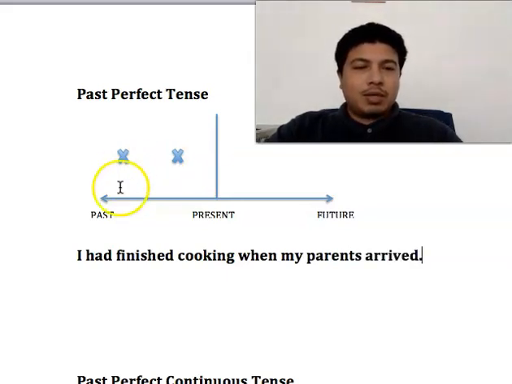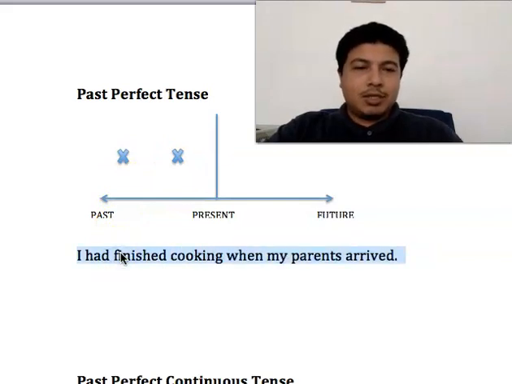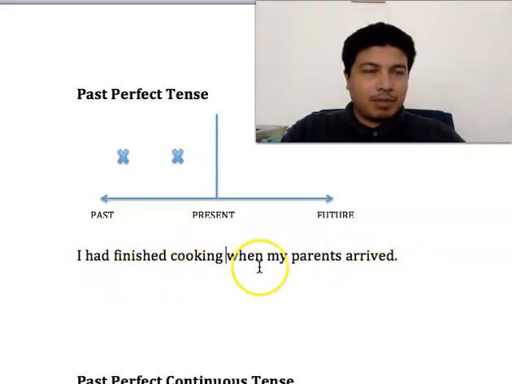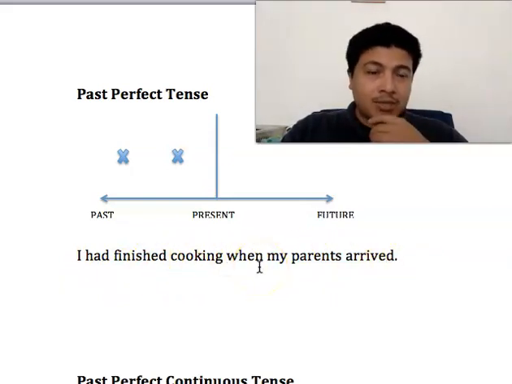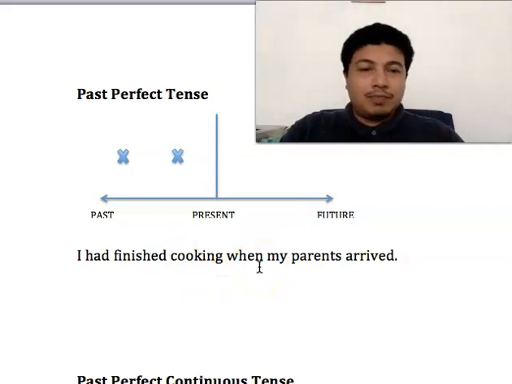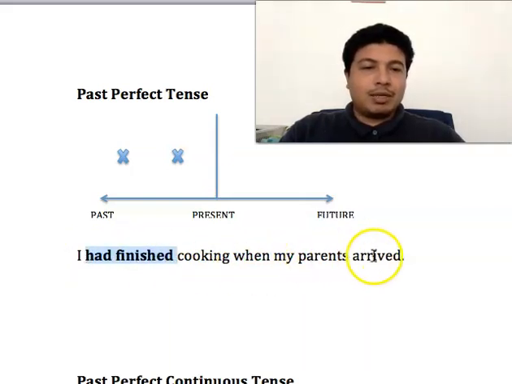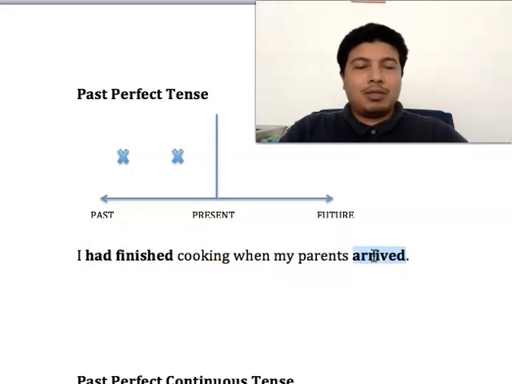So you are talking about this situation, and it happened maybe yesterday or last week, or last month, or maybe 2 days ago, or any time in the past. So you have two things that happen in the past. First, you had finished cooking, and second, your parents arrived.